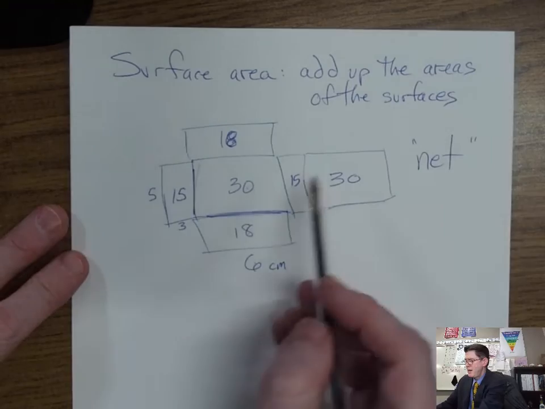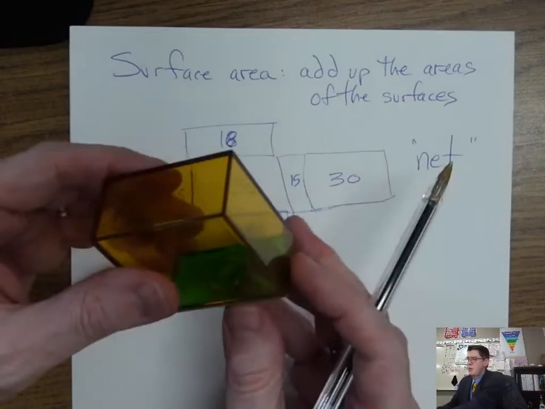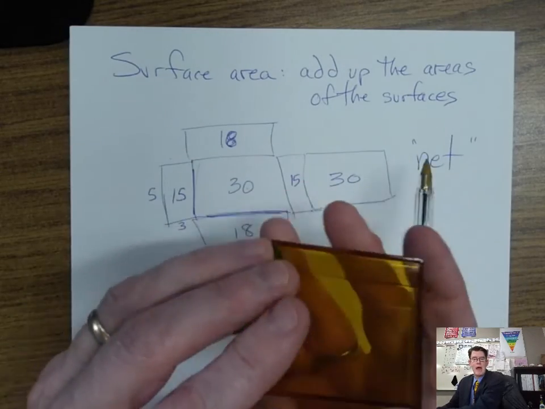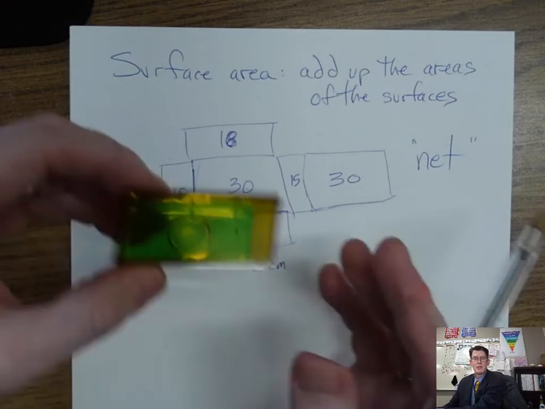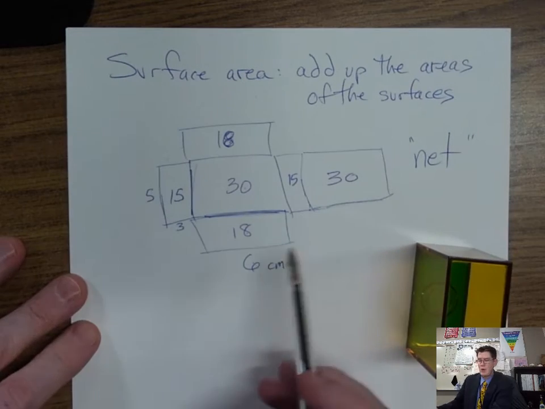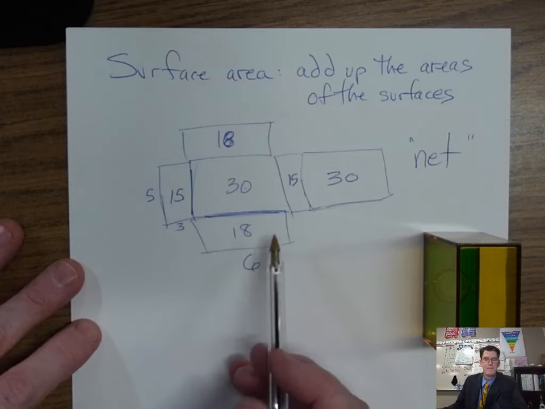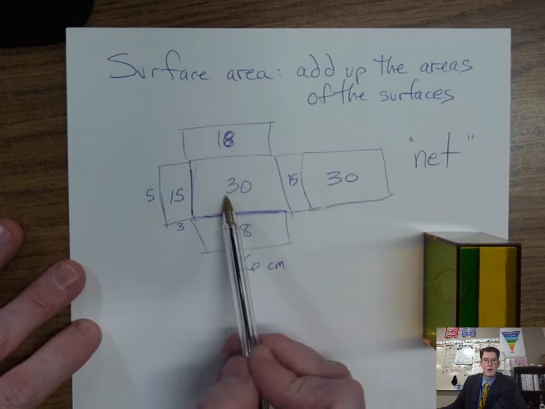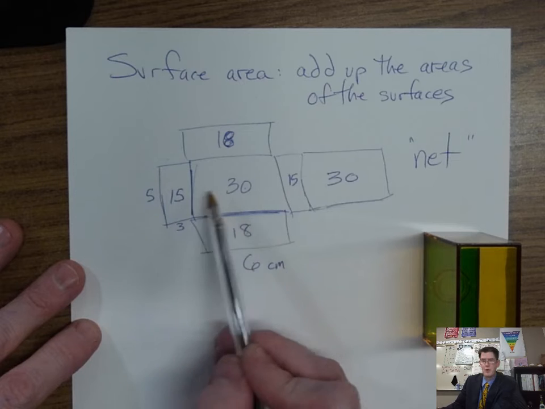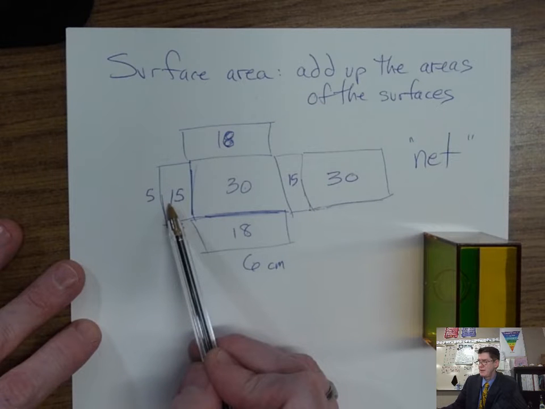So then, once I have the area of each of those, what's the area of all around it? What's the amount of wrapping paper that would be used to wrap up this entire item? Well, we just add them all up, and your calculator can do it fairly quickly. 30 plus 30, and then these two are 30 as well, so we're at 90.